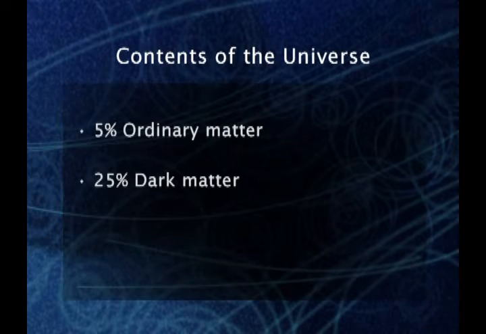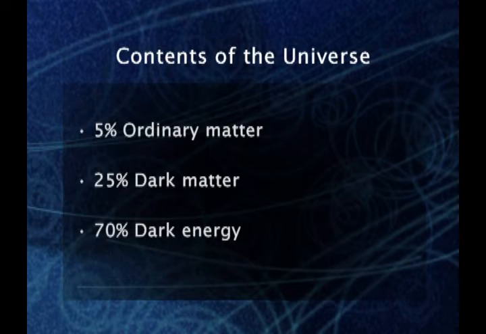About 25% of the stuff in the universe is dark matter, whatever that is. And there are some interesting proposals about what that is, but nobody knows for sure. 25% of the stuff in the universe is this dark matter, and we're not quite sure what it is. But that leaves 70% of the stuff in the universe, which is dark energy. And it's the dark energy that causes cosmic acceleration, and it's the dark energy that dominates. Most of everything is dark energy.